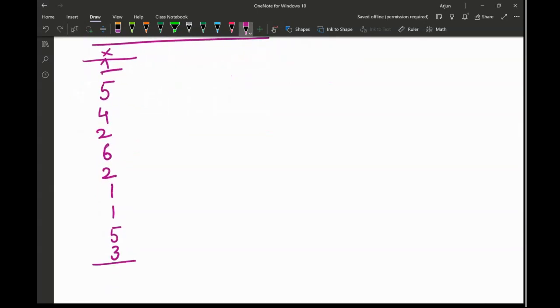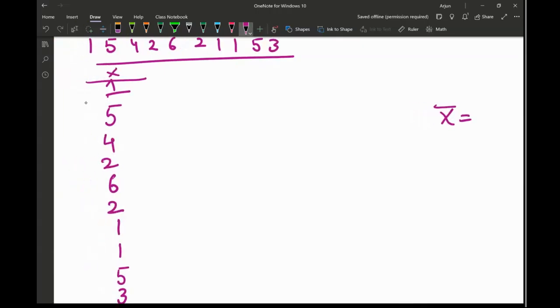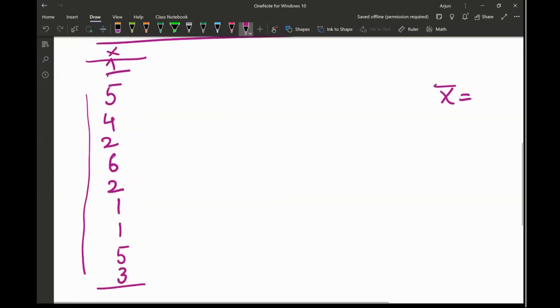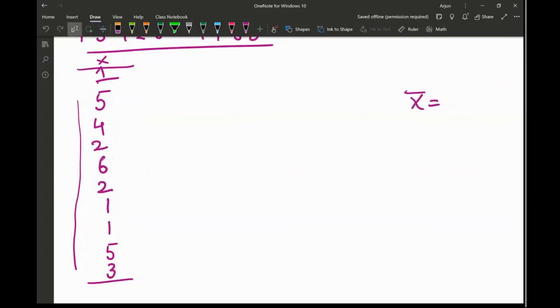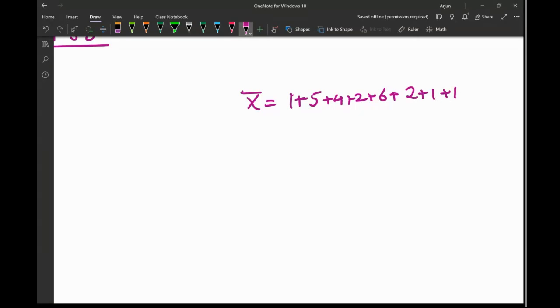Now, how can I calculate the x bar? I did it in the previous video also. Add all the data points, and then divide by the number of data points. So that will be 1 plus 5 plus 4 plus 2 plus 6 plus 2 plus 1 plus 1 plus 5 plus 3, divided by the number of data points, which is 1, 2, 3, 4, 5, 6, 7, 8, 9, 10.